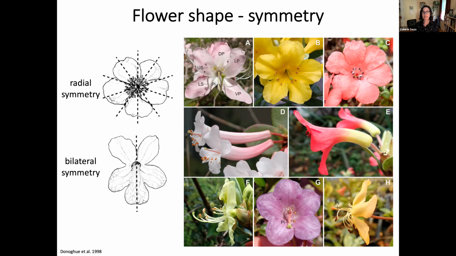And we also see differences if you look at the side view of the flower. In some cases, there are flowers that are very tubular and they can be curved along the lower part of the flower or along the upper part of the flower. And this also creates a form of bilateral symmetry in rhododendron. So throughout the talk, I'm going to be using green circles to denote radial symmetry and blue triangles to denote bilateral symmetry.